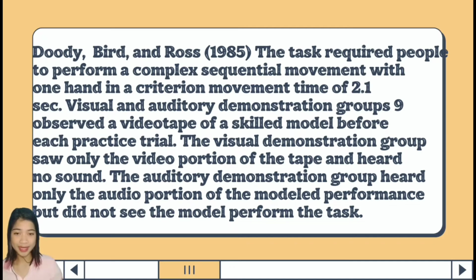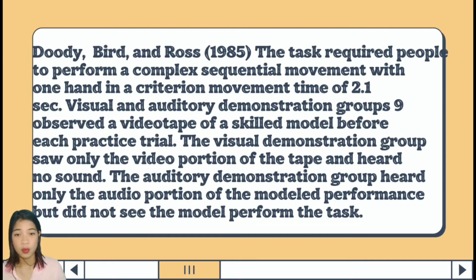Their task required people to perform a complex sequential movement with one hand in a criterion movement time of 2.1 seconds. The visual and auditory demonstration in their research was observed in a videotape of a skilled model before each practice trial. The visual demonstration group saw only the video portion of the tape and heard no sound.